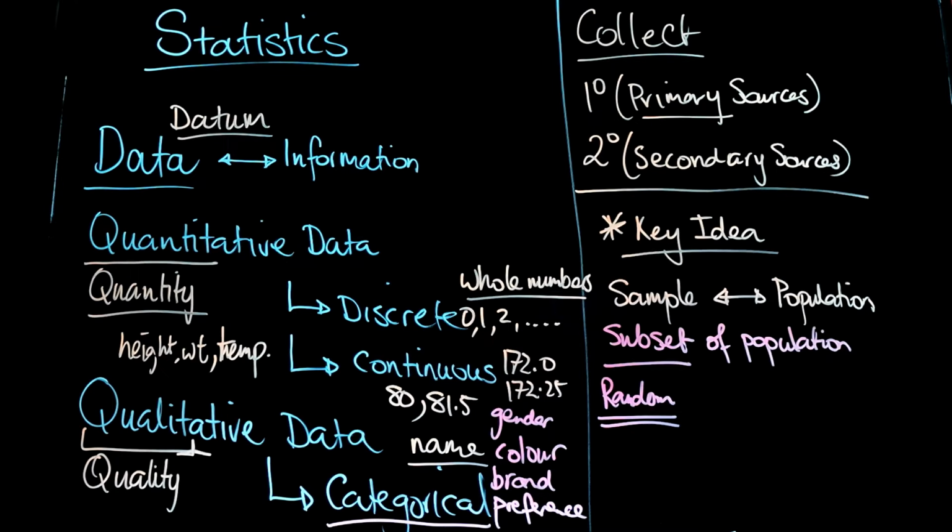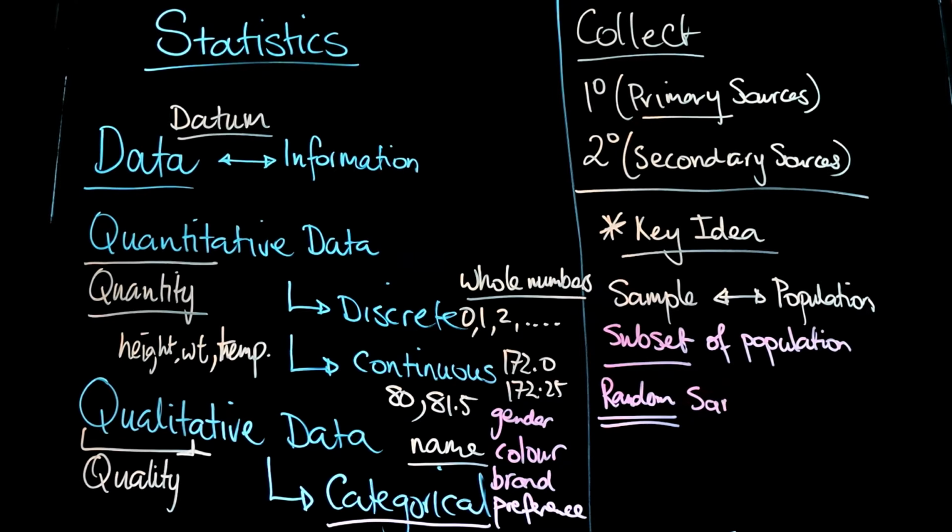When you do surveys, you want to get a cross section of the population. So you need to randomize that in some way, and there's ways to do that, but we won't stop and discuss that right now.